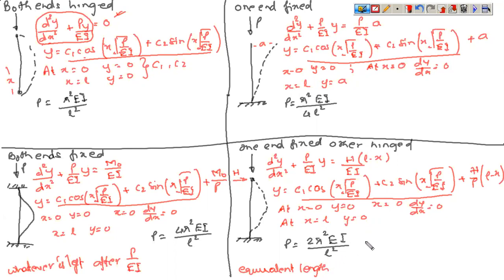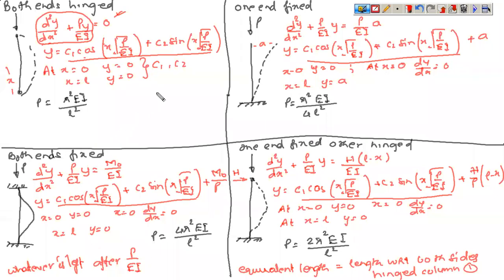Now the equivalent length means it is the length with respect to a both side hinged column. That means the first case.